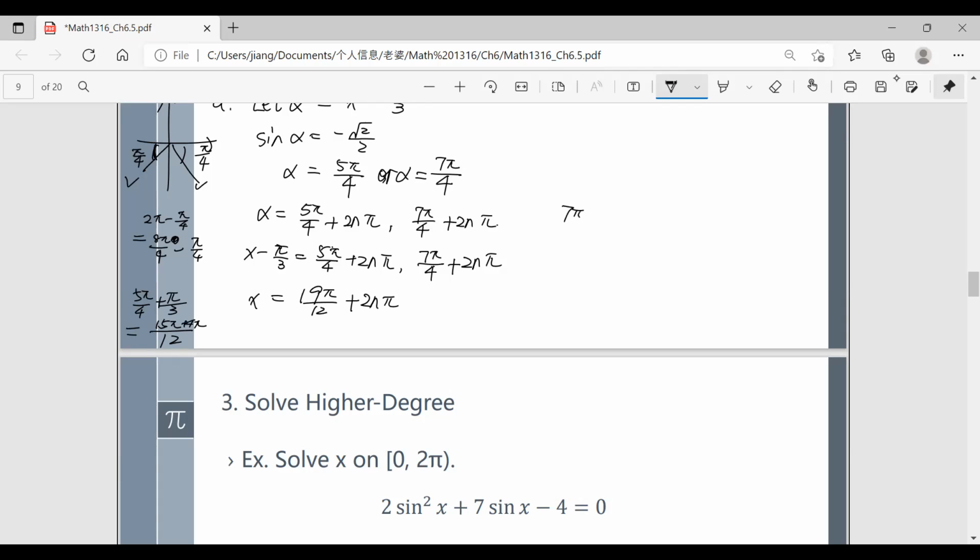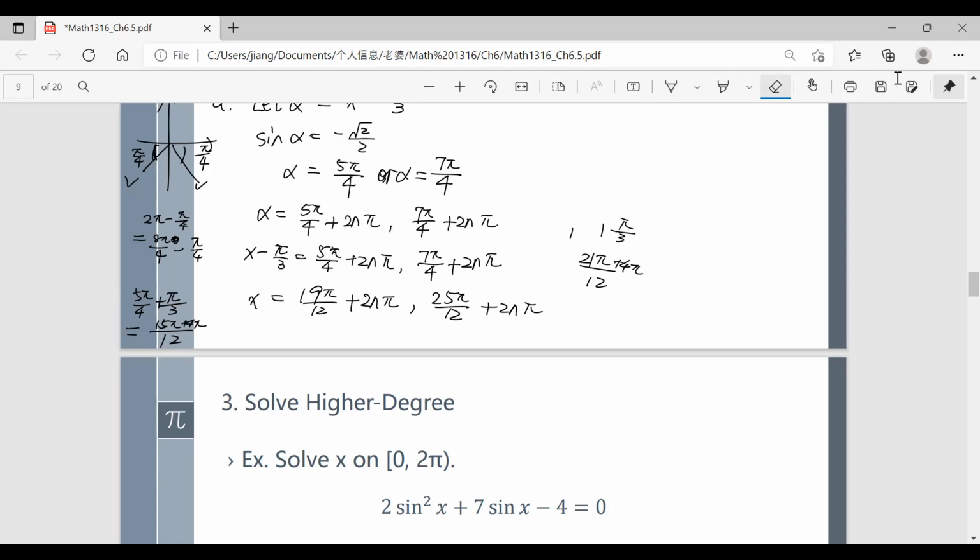So 7 pi over 4 plus pi over 3. The same denominator is 12. 7 times 3 is 21 pi, and this one is plus 4 pi. That's 25 pi over 12 plus 2n pi. This is a general solution for the x.